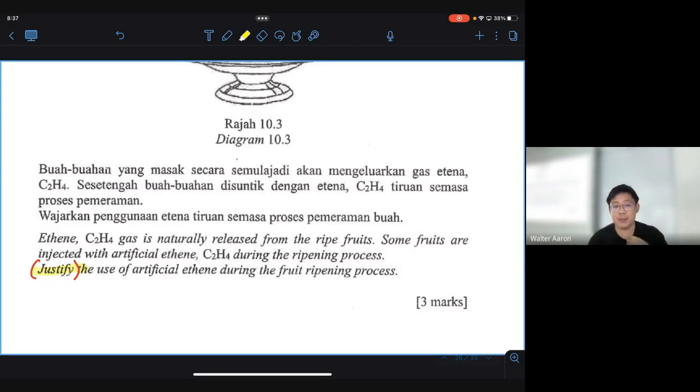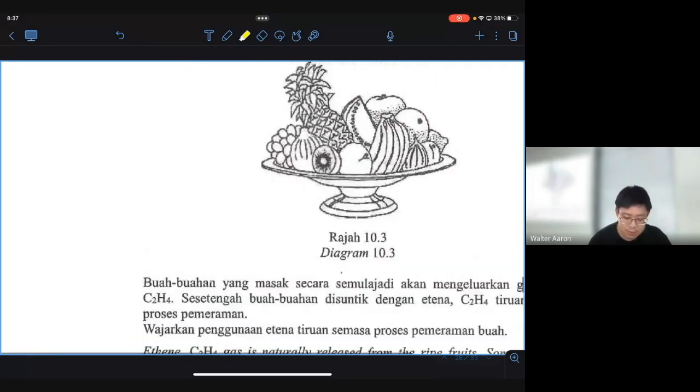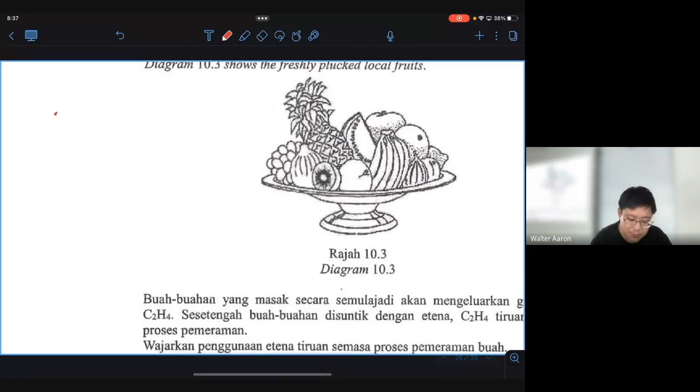Let's say I'm the person who agrees that farmers should use artificial ethene to cause the fruit to ripen faster. So we'll start with the agree part. Some of you may disagree. For those of you who say I agree, 1 mark already. Just write agree, 1 mark already.